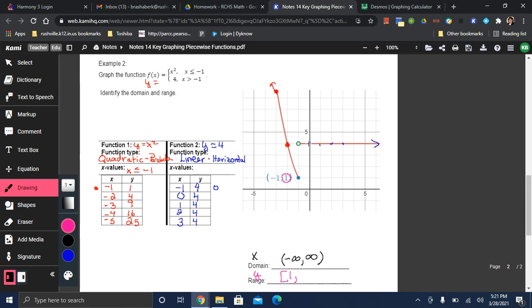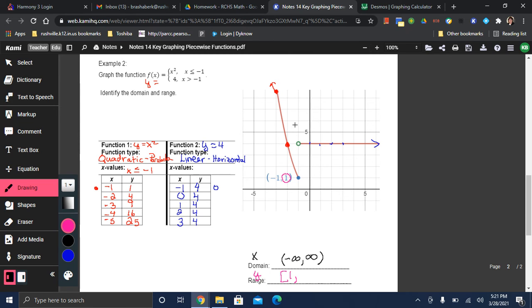And although this one does have y values of 4, this one keeps going up and has y values that are going to continue on and on and on. So the 4 really has nothing to do with it because it's not where the y value stops.